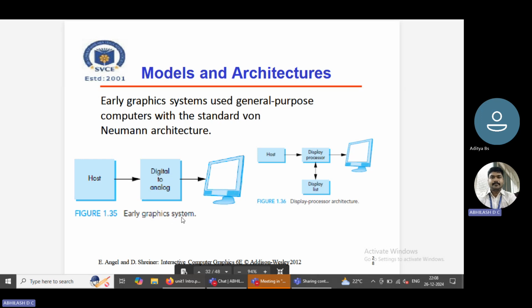That was the early graphics system. Nowadays, we have something called a digital processor, which will take care of the digital input, right? Nowadays, we all have our set-top box. The set-top box is a digital device. The set-top box has its own display processor, right? It gets the information from the host, probably if you are using Airtel or Tata Sky. The host is nothing but those companies, right?